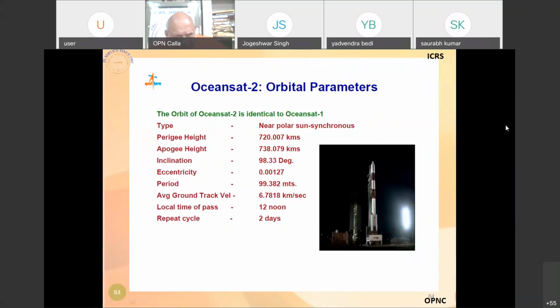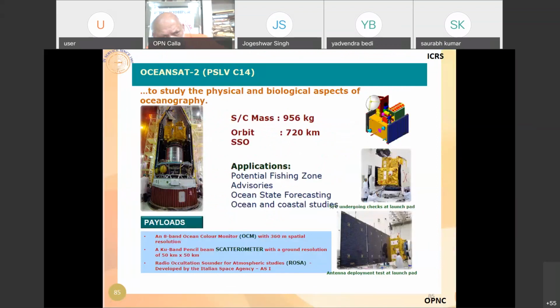It is at 700 kilometers, 738 almost circular, inclined 98 degrees, and the period is 99 minutes. Then the local time passes 12 noon. Using this, we try to get the winds on the sea surface. Then fishing zone advisory, ocean state forecasting, and ocean studies are the basic applications of this.